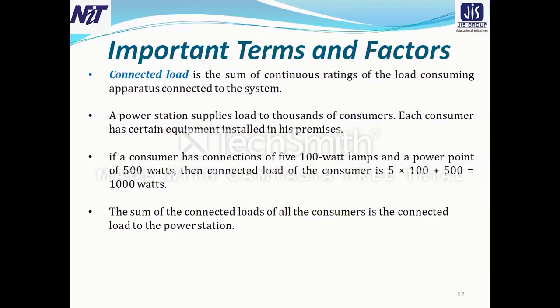So now the connected load. The connected load is basically the sum of the continuous rating of the load consuming apparatus connected to the system. So these are the important terms and factors. Now the power station supplies load to thousands of consumers, and each consumer has certain equipment installed in his premises.